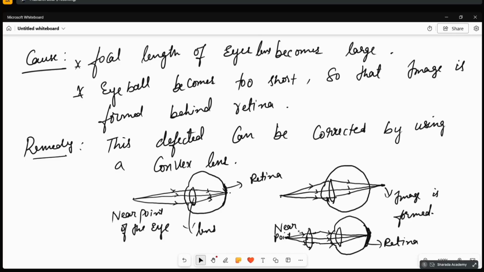Primary colors are red, blue and green. Our eyes also work like this.